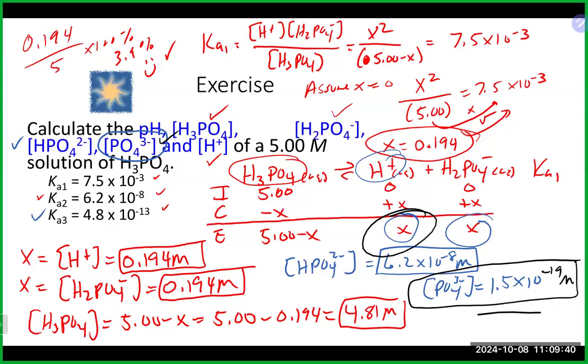And that's what I was saying. If you're just interested in the pH, in a polyprotic acid you could just lay out that first ICE table and probably be pretty safe in your calculation of pH based on how much H plus comes off of it. Other questions? All right.